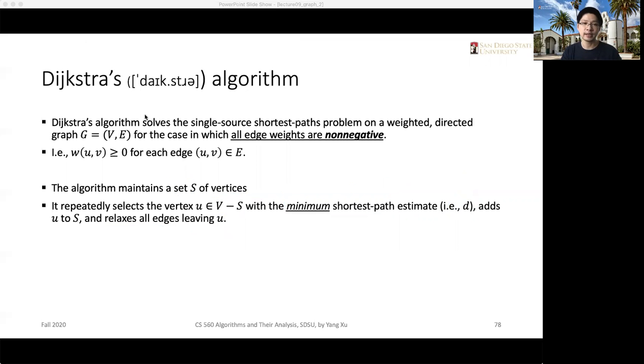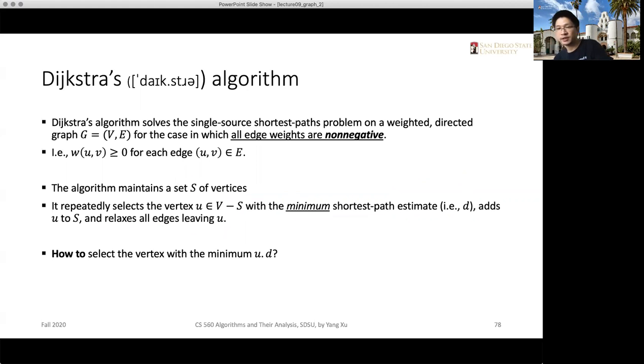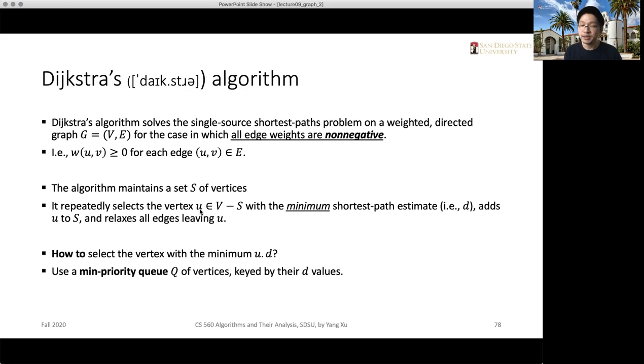So it requires us to use some mechanism or data structure to conveniently select a vertex with the minimum d value. We have already used this kind of data structure a lot of times. An option that comes to mind could be a minimum priority queue, right?